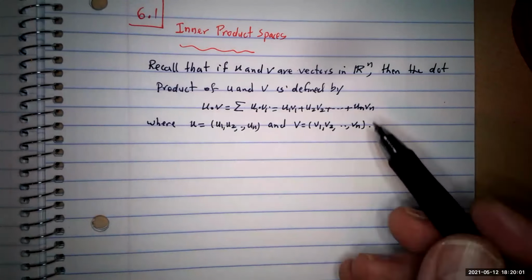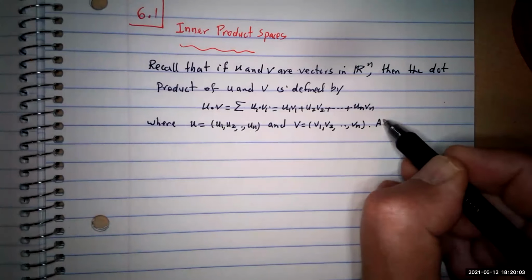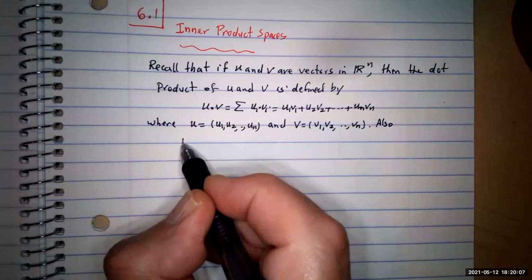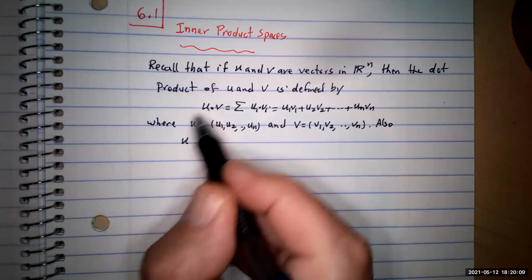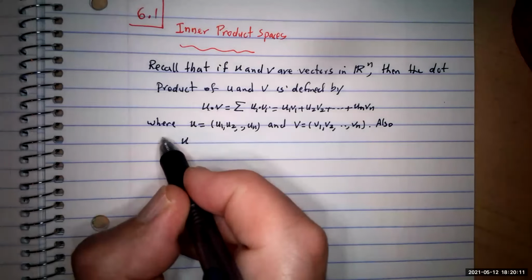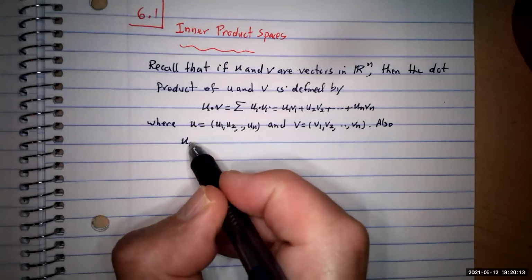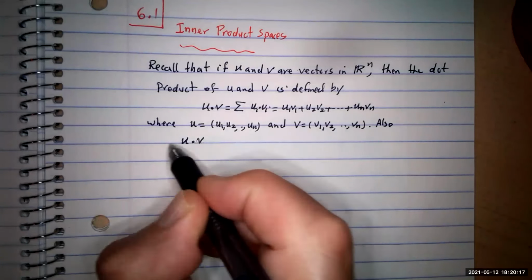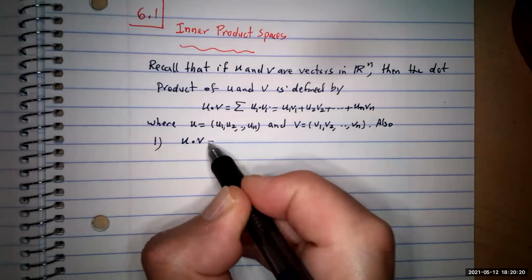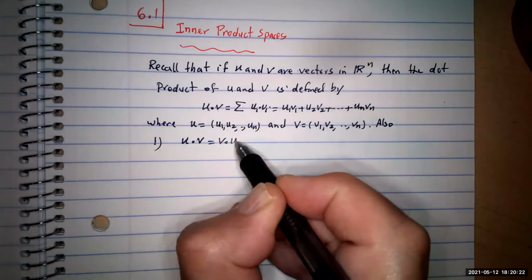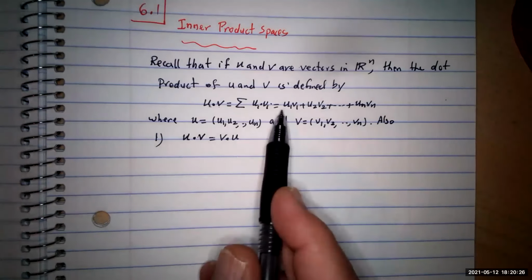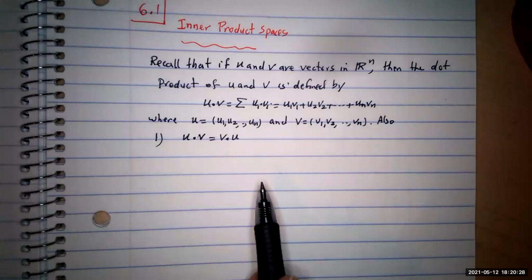Quickly, we also had these properties. The first thing was that this is commutative, or symmetric: u dot v equals v dot u, because these are just numbers, so you can switch them.